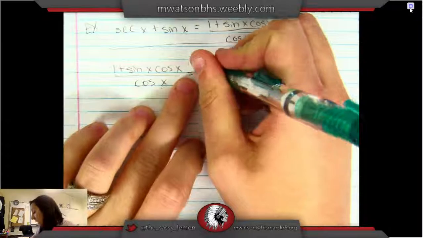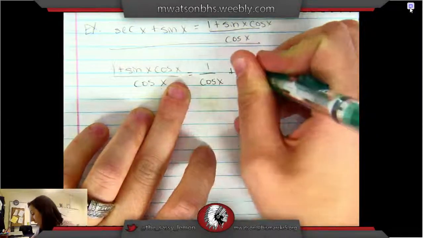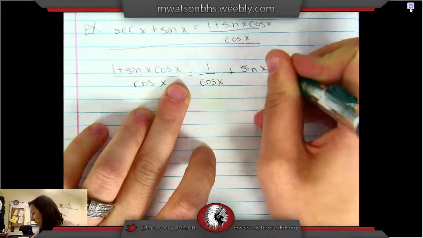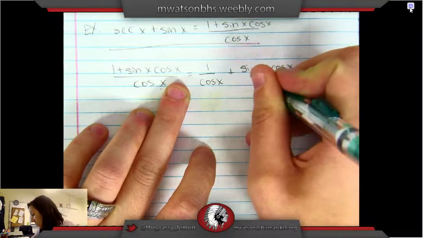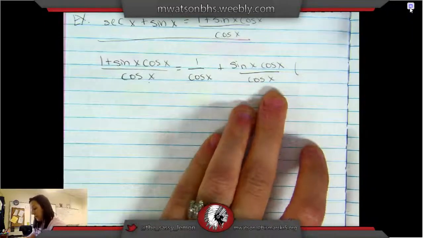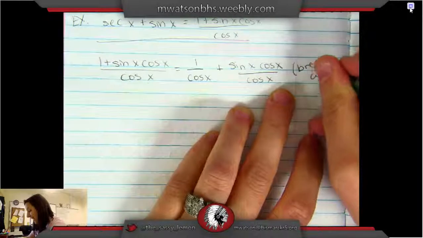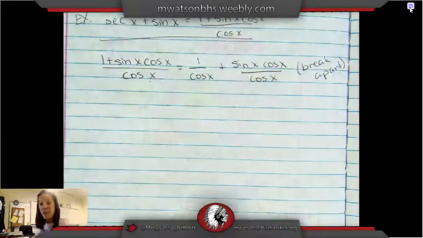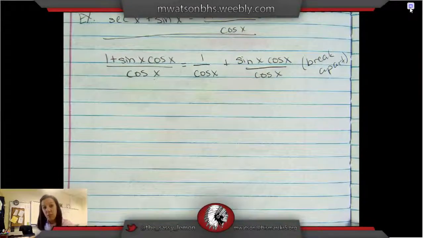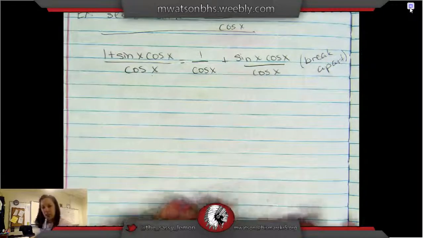So now it's going to become 1 over cosine of x plus sine of x cosine of x all over cosine of x. And this is what I call break apart. It's also called decomposing. You're decomposing a fraction, you're breaking it down. They mean the same thing.